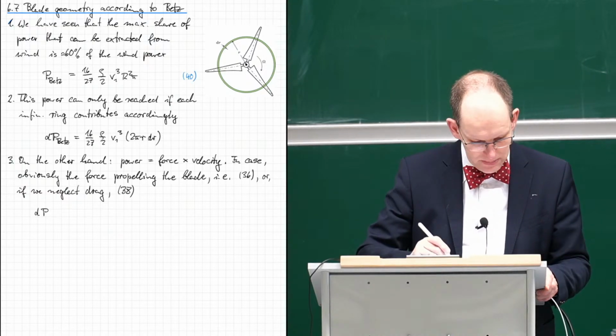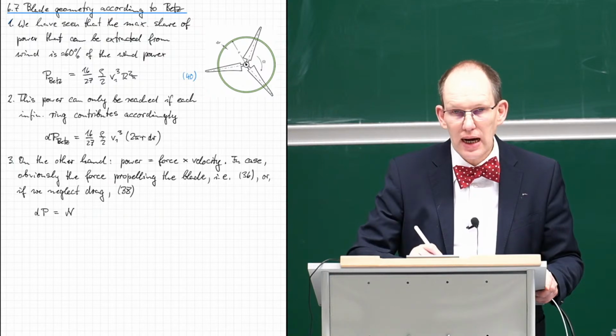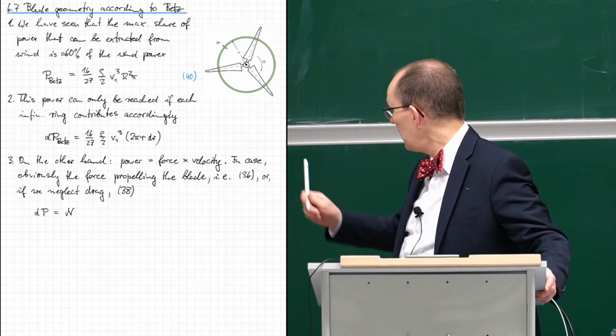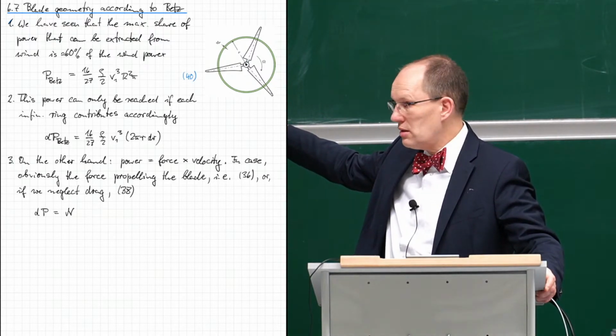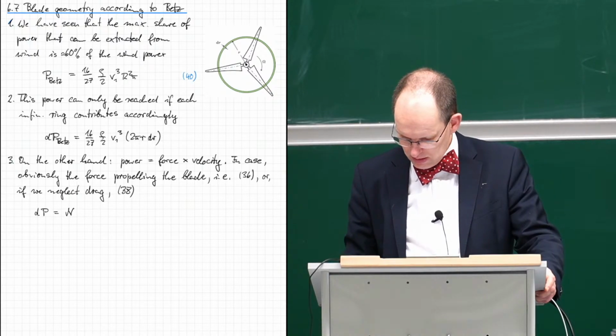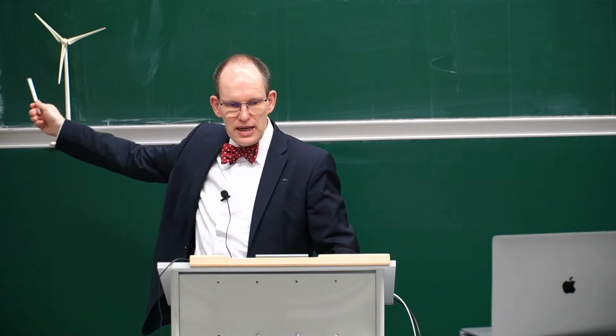So this means that the force is also given by n times. So n is the number of blades of the turbine. For this one here, it would be 3.